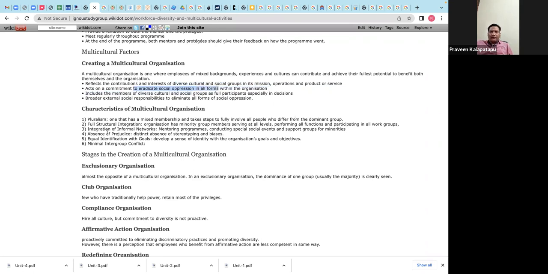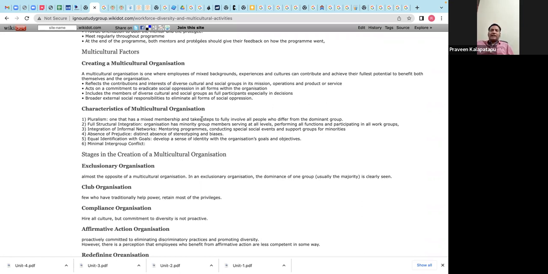So obviously this comes from the social responsibility point of view. Eliminating social oppression is one of those CSRs, the external social responsibilities which organizations are expected to play, right?